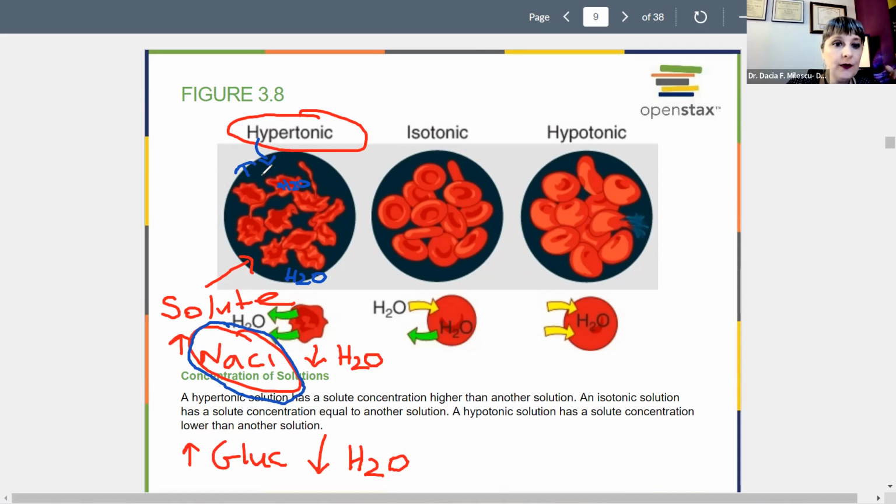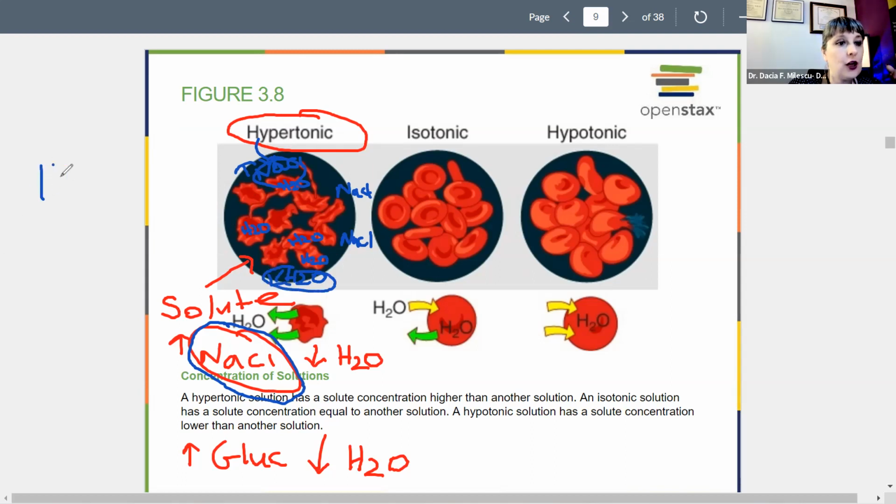So I'm going to put a lot of sodium chloride around here. That's the solution, right? And inside the cell, there's more water than outside of the cell. Why? Because we just defined the hypertonic solution as a solution that is high in sodium and low in water.